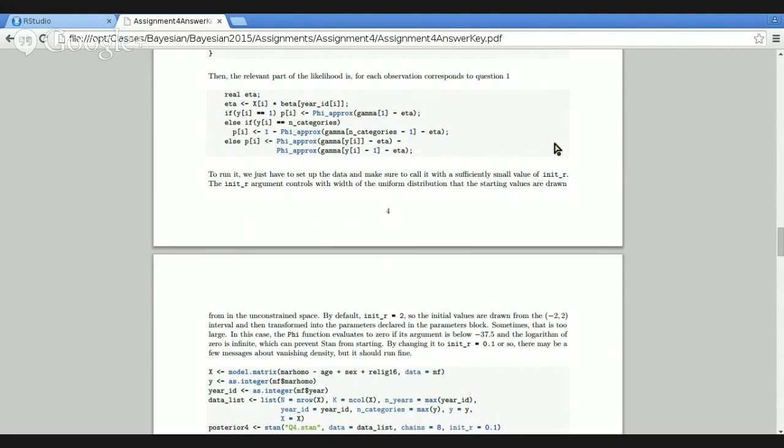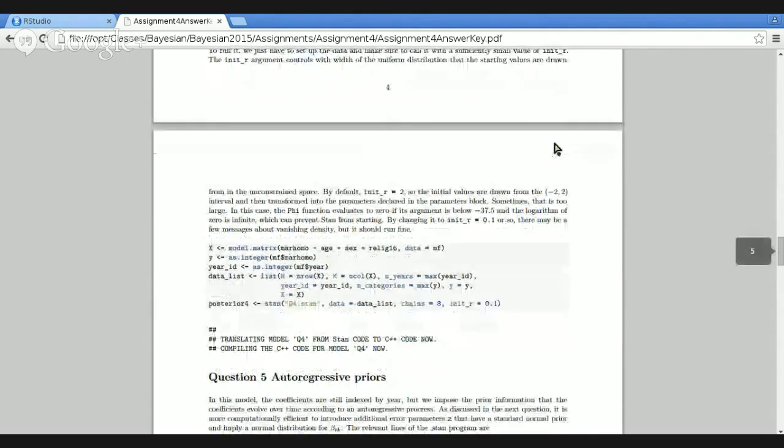It's just the case that if the phi function's input argument is less than -37.5, it is going to underflow and return a probability of 0, even though in principle the standard normal distribution goes out to -infinity. It doesn't have the precision to deal with that if the input to it is sufficiently small.